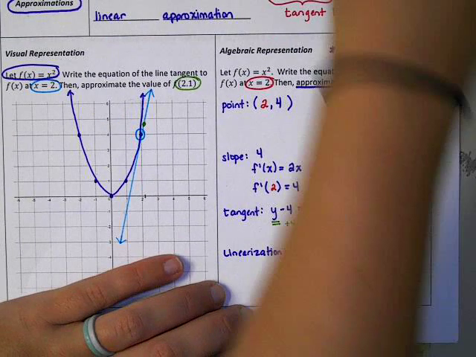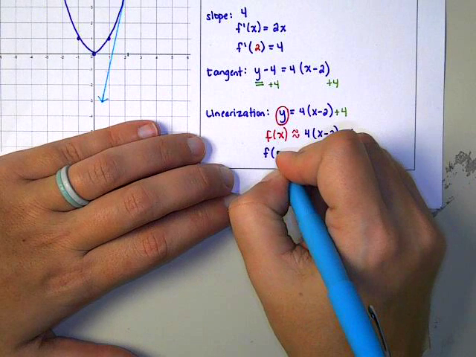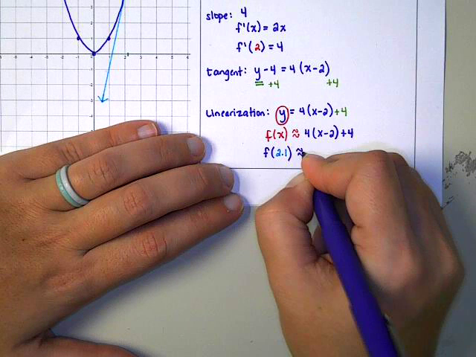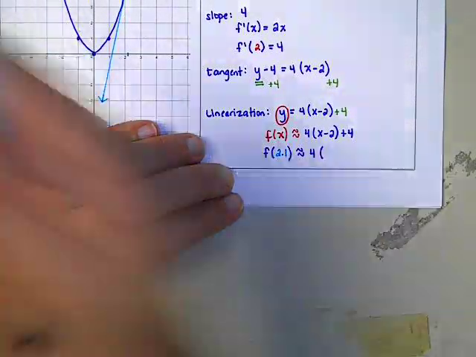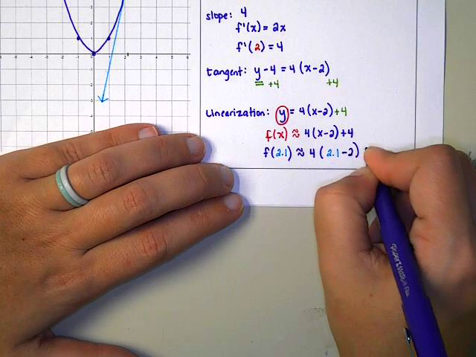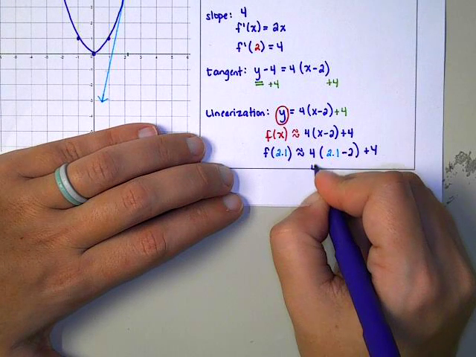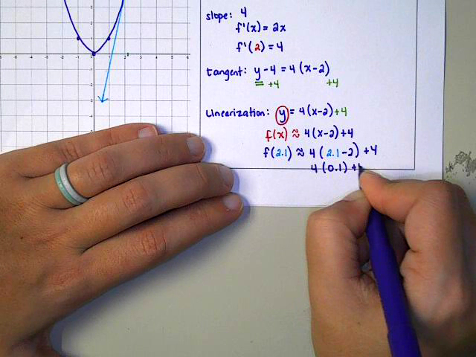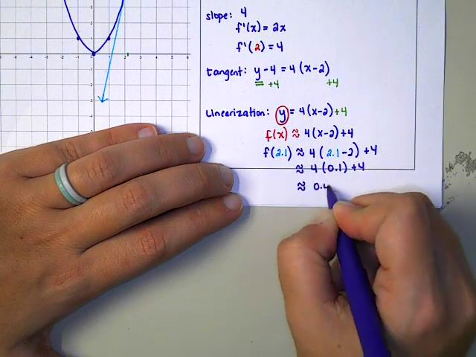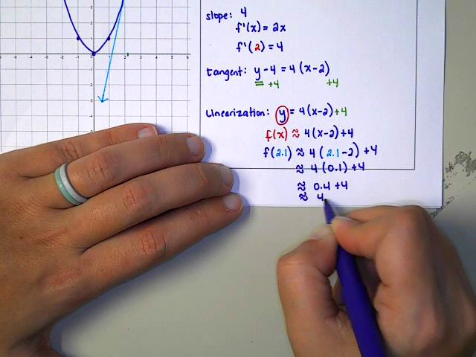So my new equation would be f of 2.1 is approximately 4 times 2.1 minus 2 plus 4. 2.1 minus 2 is 0.1. 4 times 0.1 is 0.4, which, if I simplify that, is 4.4.